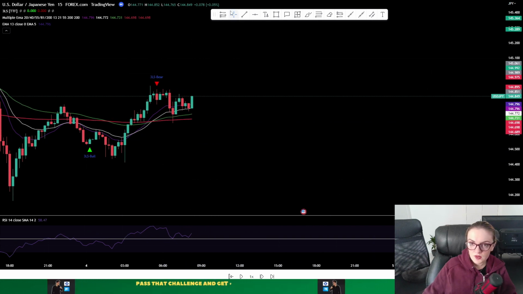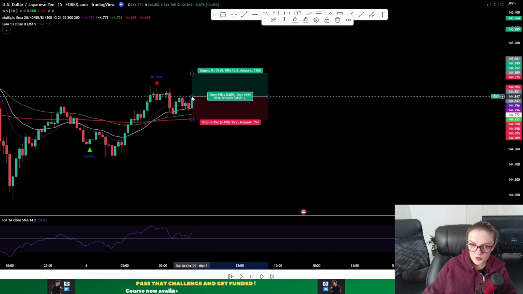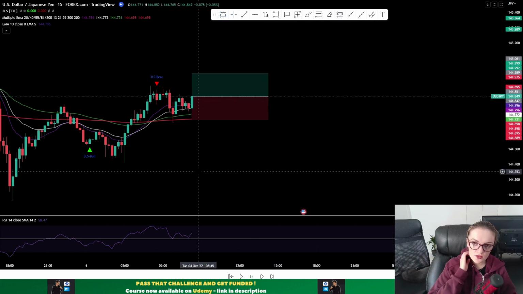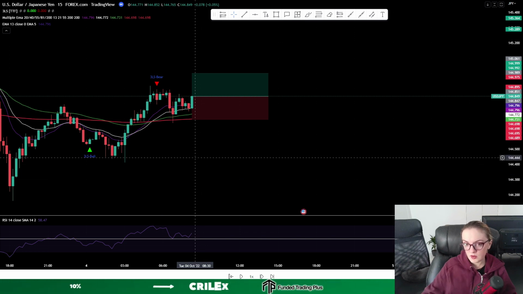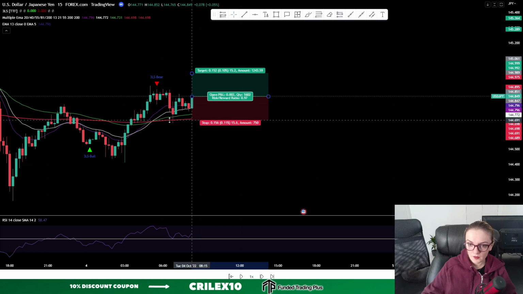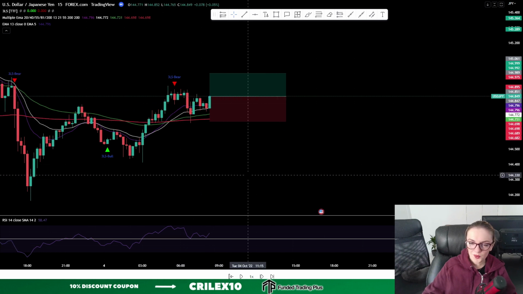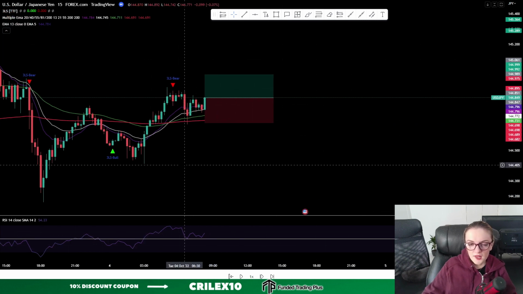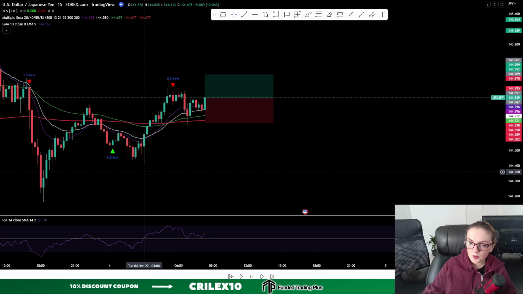On the closing of this candle, we can open a buy position because the EMAs are nicely fanned out. We have a nice rejection from the EMAs with this really beautiful bullish candle, and an RSI above the 50 line, so all the conditions are met. What I don't really like about this position is that I can't really see an established bullish trend here.